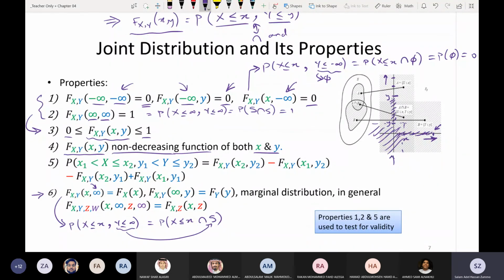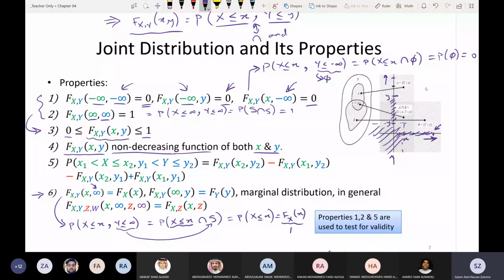So what is the intersection of an event with the sample space? The event itself, exactly. Which is by definition F_X of x.